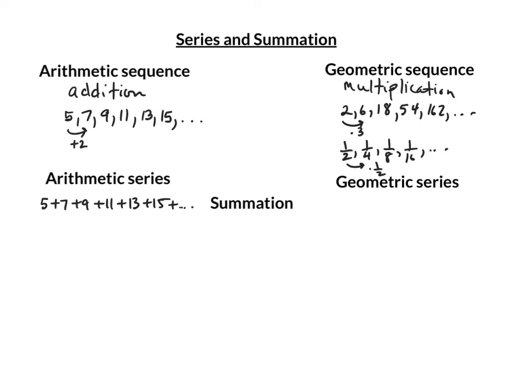Sometimes in some sequences we may add an infinite number of terms. In a geometric sequence, if I turn that into a series, again, I'm adding these things: 2 plus 6 plus 18 plus 54 plus 162, and so on.